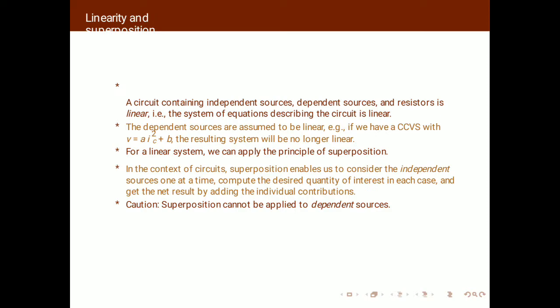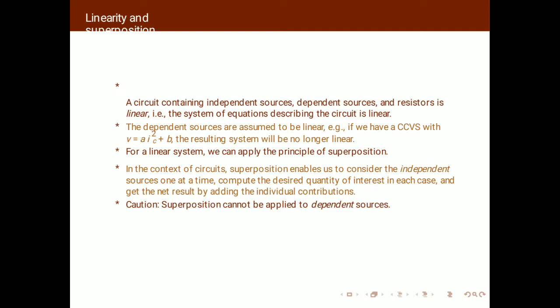In the context of circuits, superposition enables us to consider the independent sources one at a time, compute the desired quantity of interest in each case, and get the net result by adding the individual contributions.